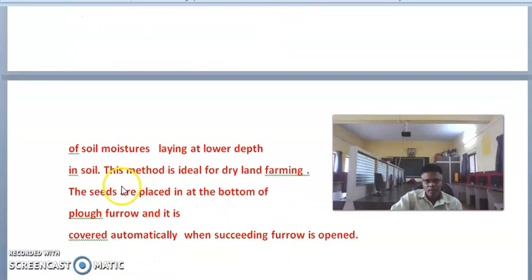That time it is important that when sowing, the seeds are placed or dropped at the bottom of the plough furrow up to the moist zone, and they are automatically covered with soil by the succeeding furrow that is opened.